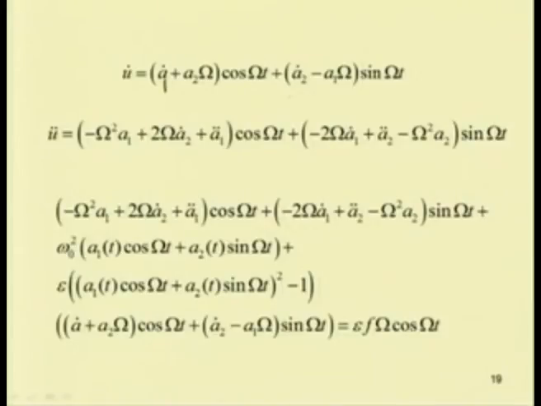Similarly, differentiating the second term gives (a2 double dot minus a1 dot omega) sin omega t plus (a2 dot minus a1 omega) into omega cos omega t.